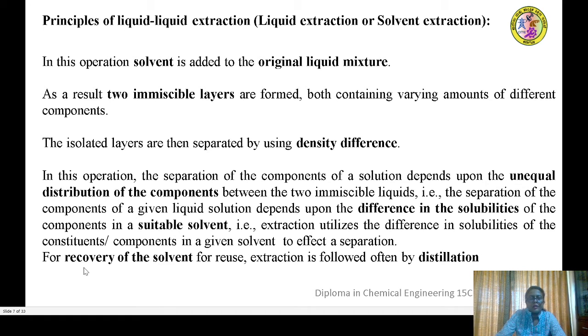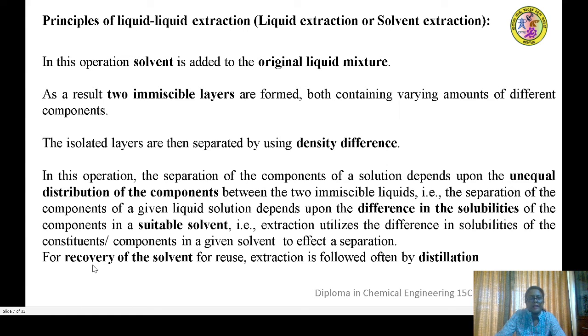At the end of the operation, as I said, you have to recover the solvent from the two layers and reuse it, and for that recovery you again have to go for a distillation method. Here the distillation will not be very difficult, because the relative volatility of the components in the given mixture will be very high.